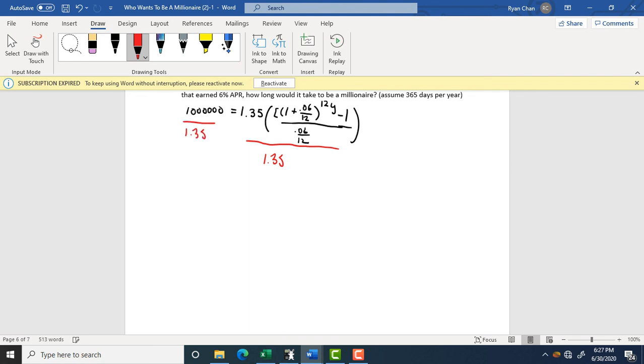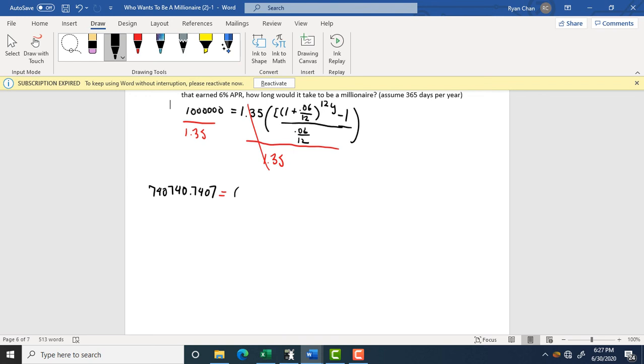All right, so what happens is this kind of goes away. Put this in my calculator. Okay, you should follow along. You should get 740,740.7407.